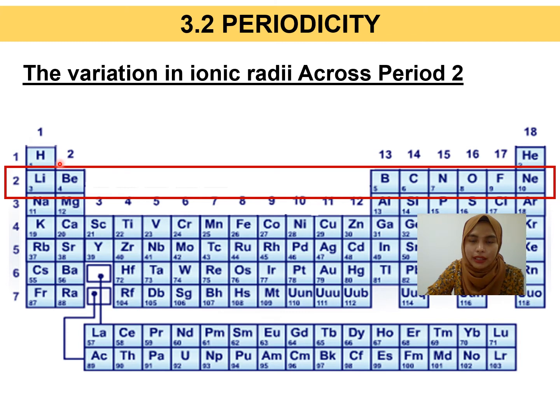Kalau atom kita dah discuss kan before this, kalau across the period makin lama makin mengecil, tapi ada different trend in the ionic radii. Okay, kiranya kalau di period 2 ni dia ada ion masing-masing, mereka ada different trend in the size of the ion across period 2.